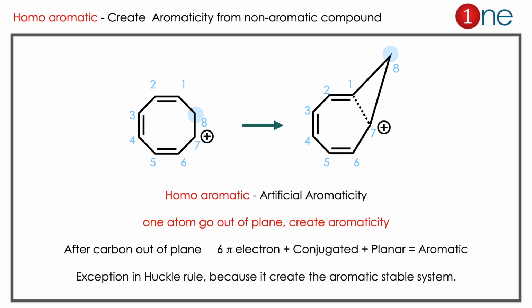You might know tropylium cation is very stable because of the aromaticity. This kind of artificial aromaticity is called homoaromatic because we are creating the aromaticity from the non-aromatic system. So the answer is clearly D. Homoaromatic. Here the concept you have to learn is homoaromatic. Artificial aromaticity is called homoaromaticity.